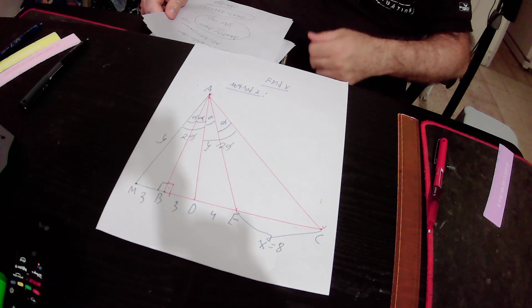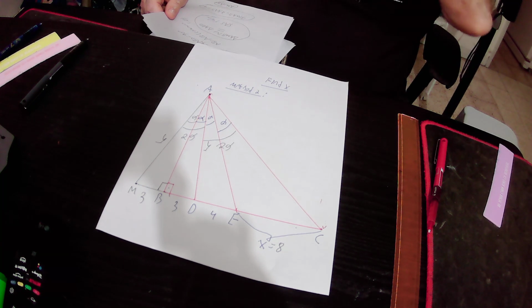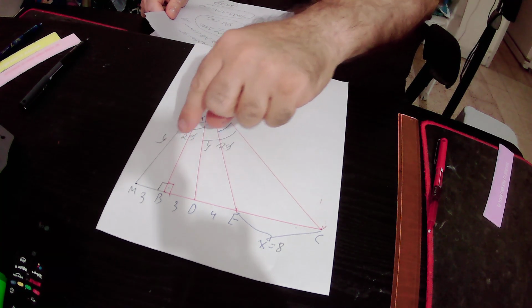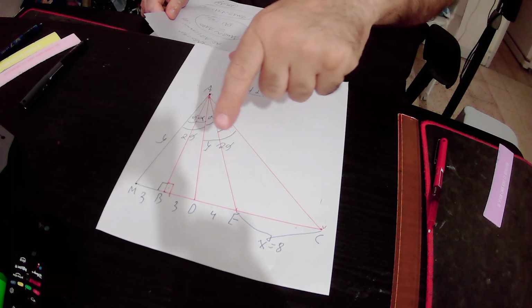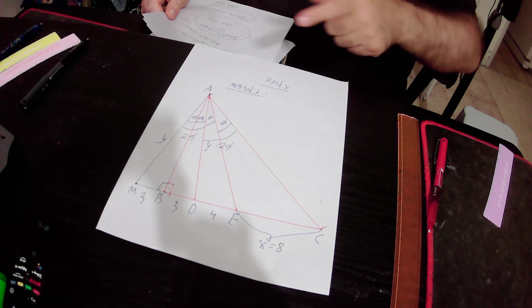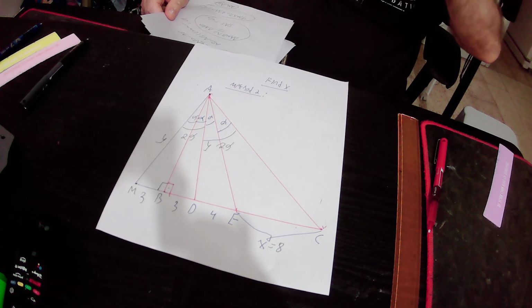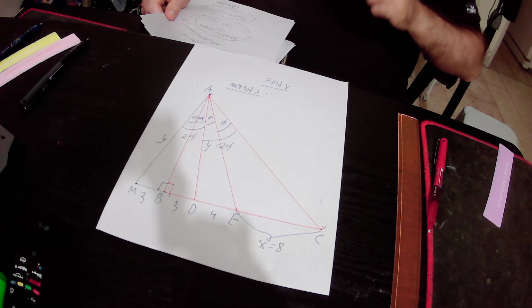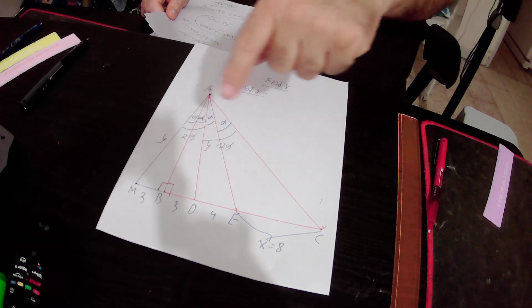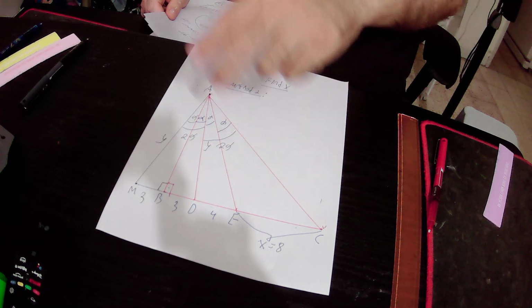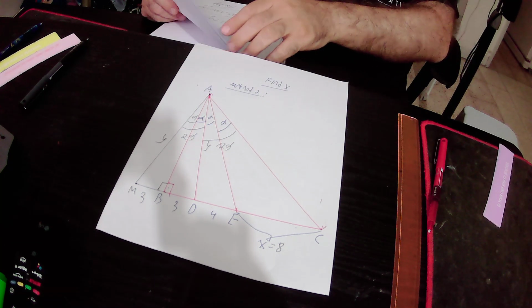We can also conclude that AM equals AD, according to the rule that corresponding sides in congruent triangles are equal. So if we define AM as y, then AD will also equal y.